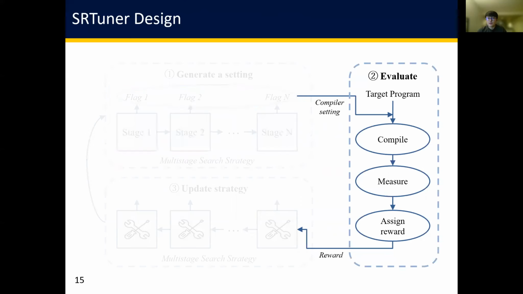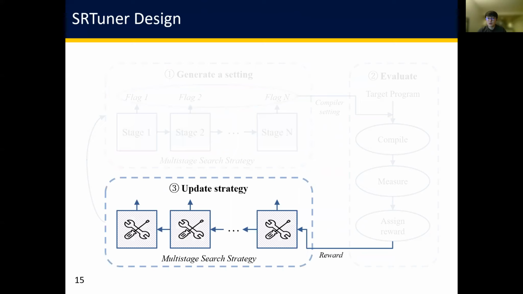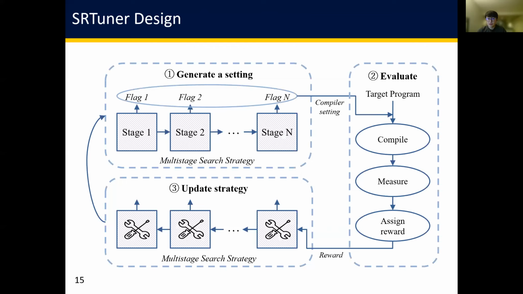Then the tuning framework conducts the evaluation on the actual hardware and assigns the reward according to its observed performance. By using reward as a feedback, SRTuner adjusts its search strategy to improve the search quality. Within the given trials, SRTuner repeats this process and returns the best customized setting as an output.